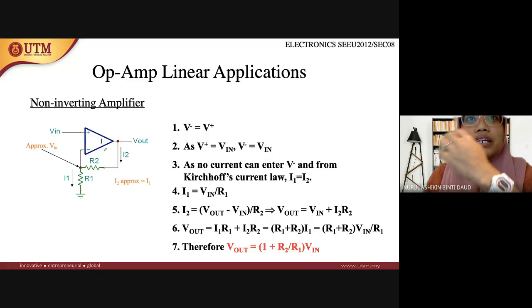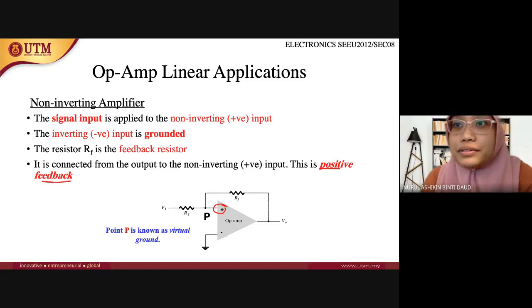The calculation now is quite different. The basic is the same, but now the V positive here has a signal. There is an input signal here, so it is no longer zero, but the V minus, the V inverting, is zero.